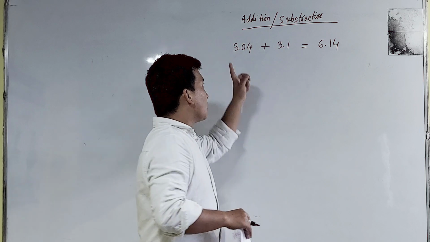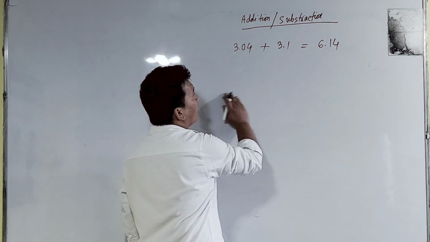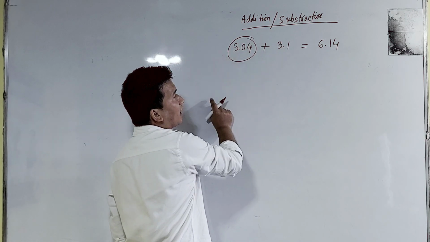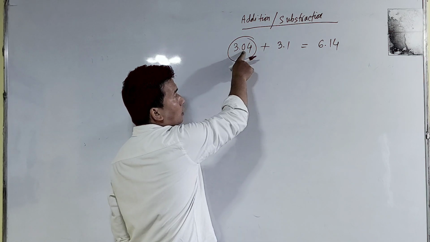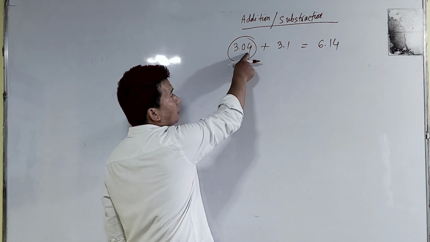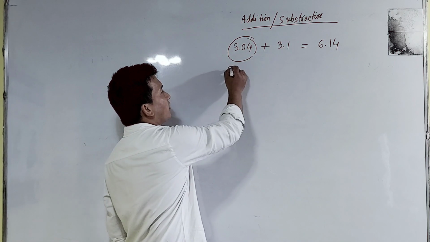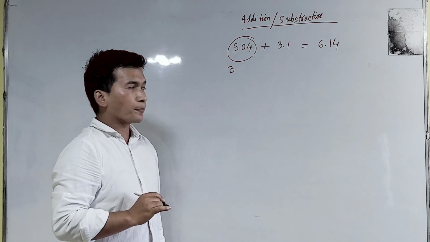So how many significant figures are there for the first number? It will be 3, because this 0 comes in between two non-zero digits, so we will be having 3 significant figures.